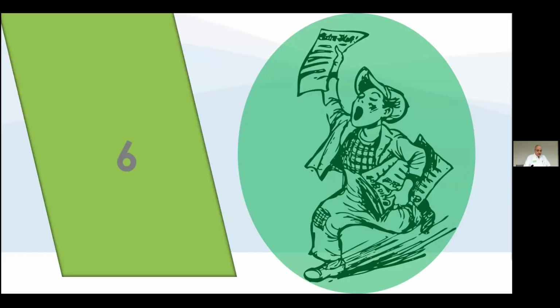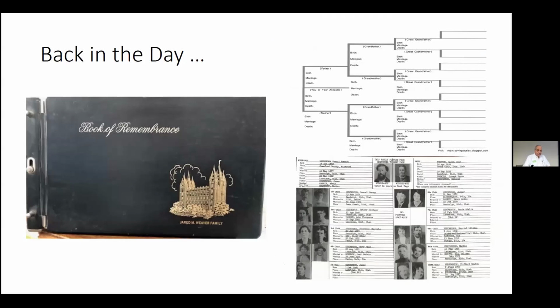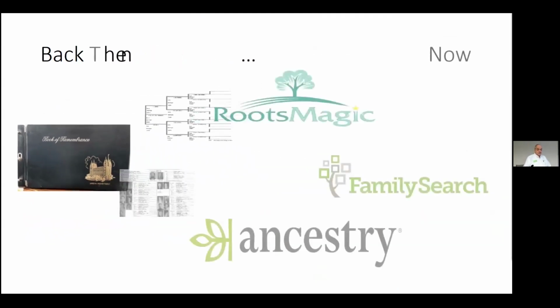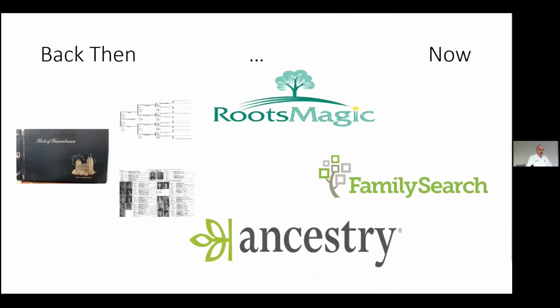Okay, now, once you get all this good research done, you've got to tell somebody. Back in the day, we just put it in our family book of remembrance and nobody else knew of all that work you did. But now you can also put it in FamilySearch, Ancestry, Find My Past, WikiTree, wherever you want to go.